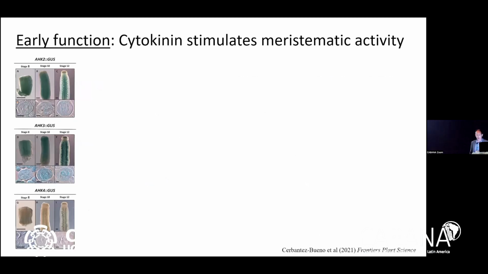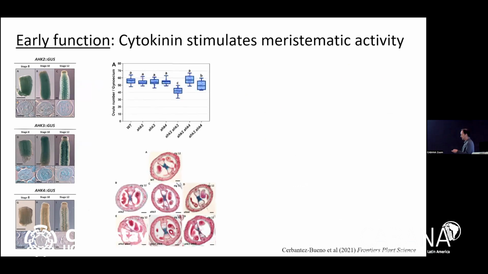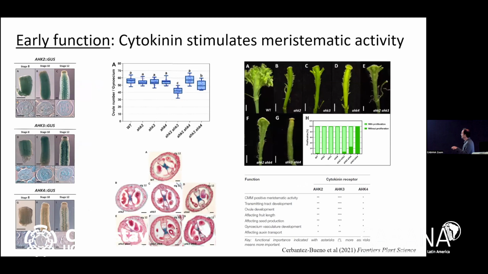One other thing: hormones are sensed by receptors. These receptors should be expressed in the cell, and the hormone will bind to these receptors. In Arabidopsis you have 3 receptors. This is the expression pattern of these receptors.